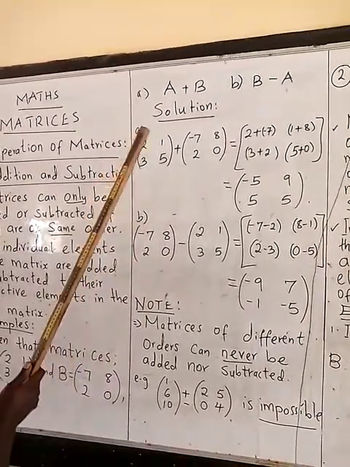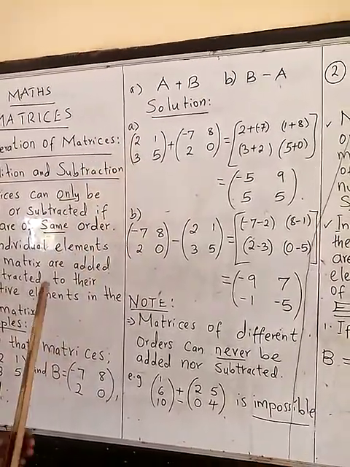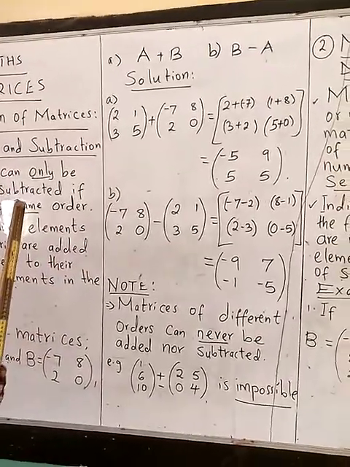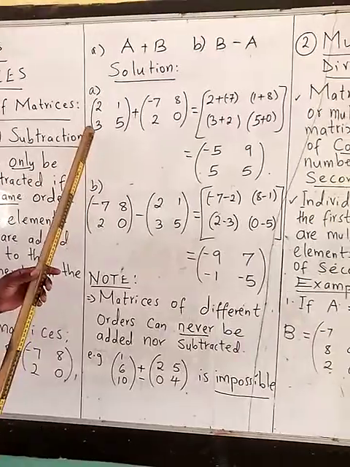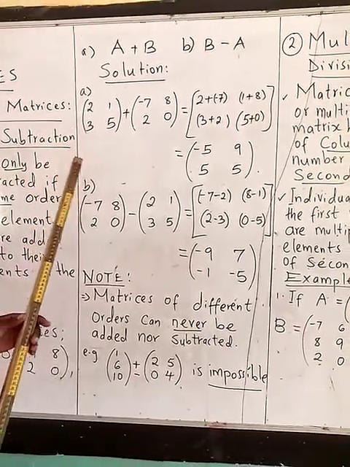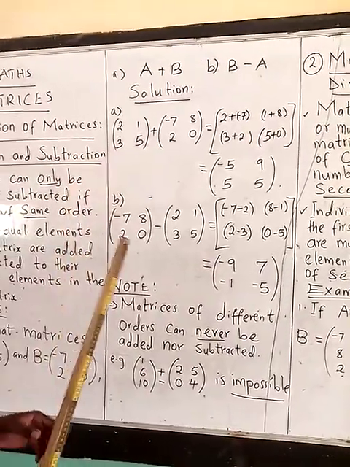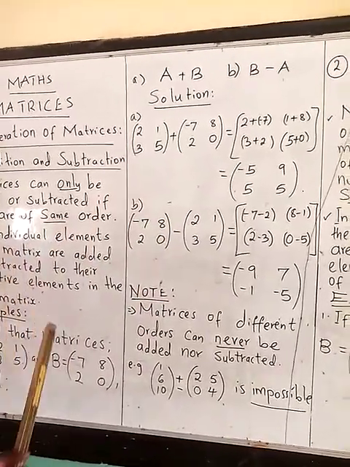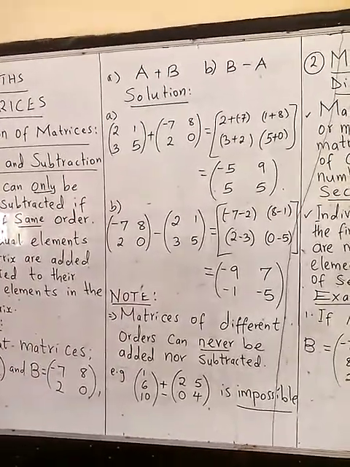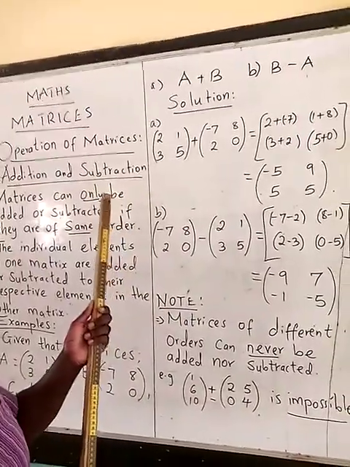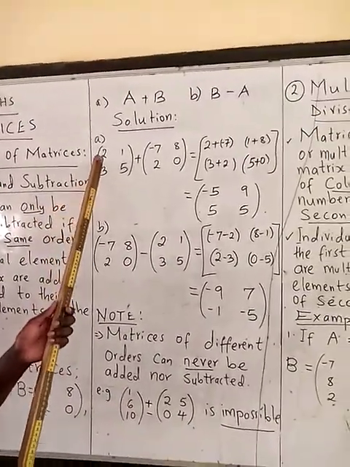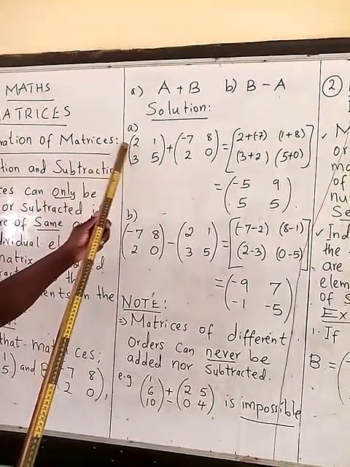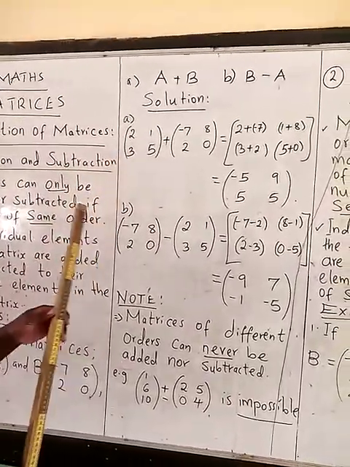Therefore, for us to add these two matrices, first of all we must consider that they are of the same order. As you can see, the first matrix A is of order 2 by 2 and B is the same order, 2 by 2. Therefore, it is easy for us to add them. How do we add? We must add the individual elements in the matrices. That is, in our first matrix A, 2 is in the first row, first column.